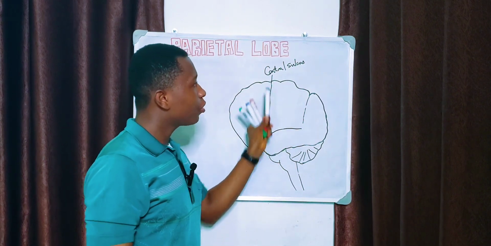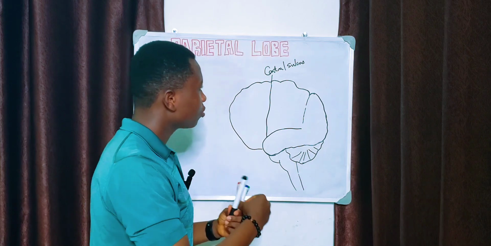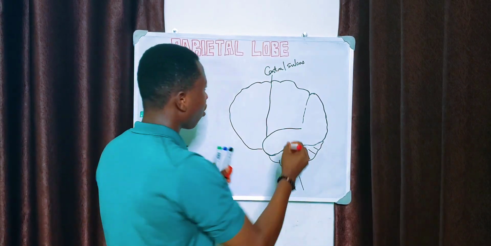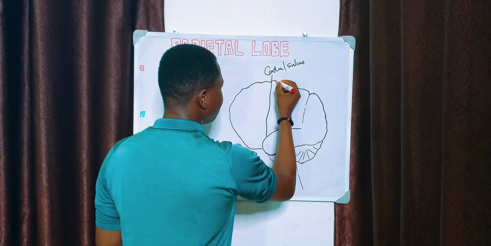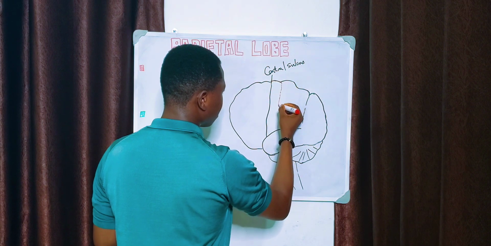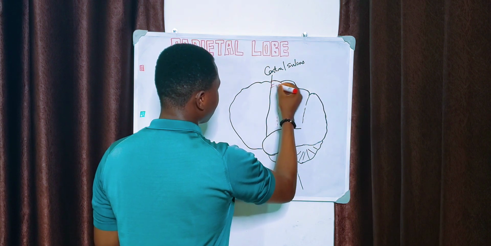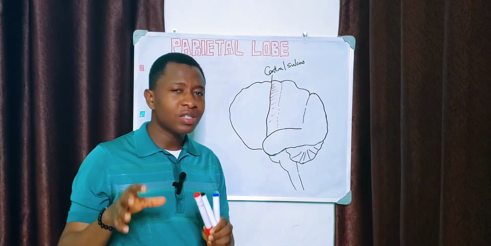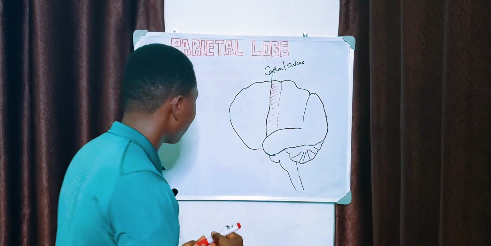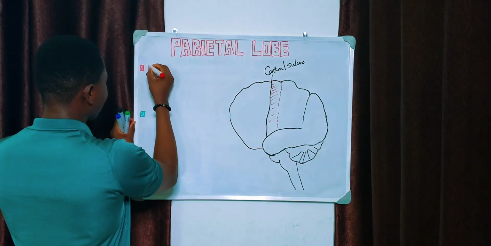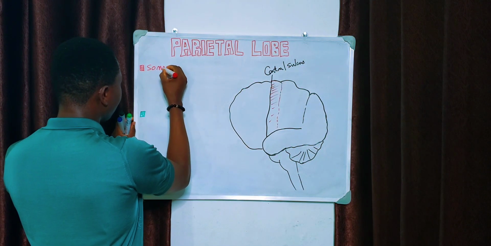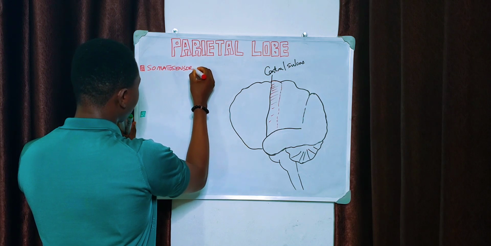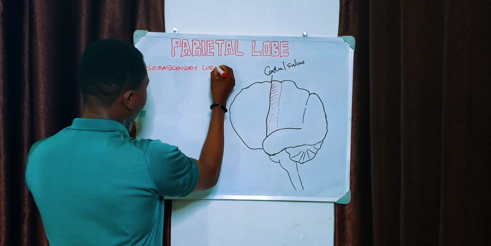The gyrus posterior to the central sulcus is what we call the somatosensory cortex. So this part is what we call the somatosensory cortex. All right, so we're going to be stating that down here. Somatosensory cortex.